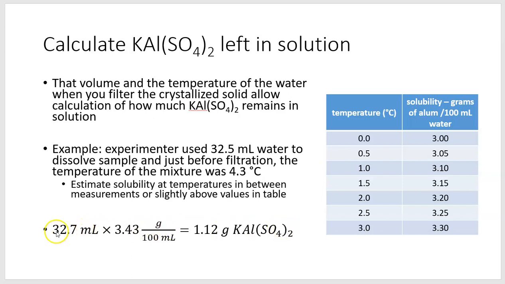To get the amount of alum left behind in the water that was not precipitated as a solid, we just take the product of these two, 32.7 times 3.43, divide by 100 milliliters, and we get that. In this case, we would have left 1.12 grams of alum dissolved in the water.